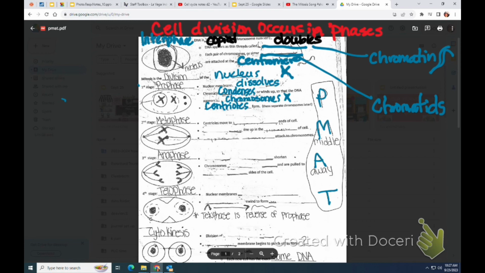What we move to next right here is my M in PMAT. It is metaphase. Do you see how in the drawing those chromosomes are in the middle of that nucleus, right?